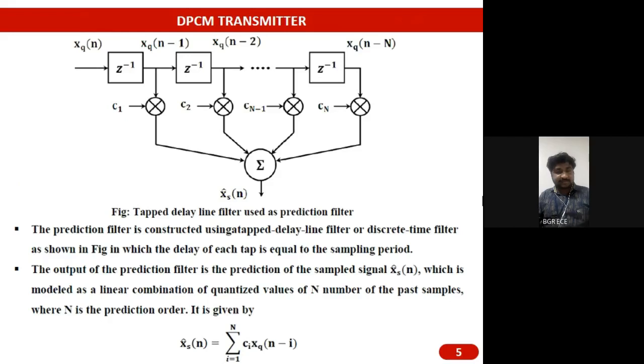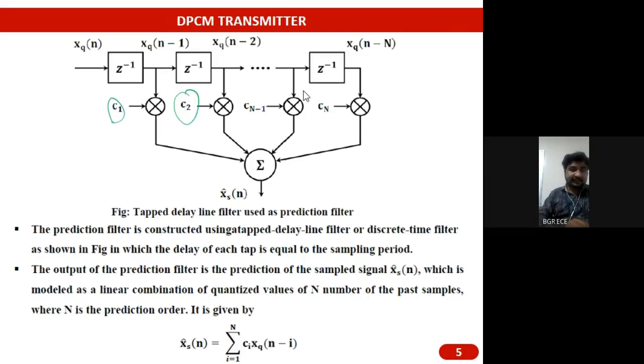In the case of the DPCM transmitter, we are using a prediction filter which is constructed using a tap delay line filter or discrete time filter as shown in the figure. So each tap consists of one delay and one multiplier, and each tap is weighted with some weight C1, C2, like that.